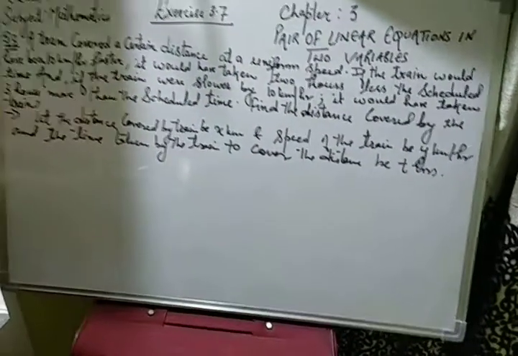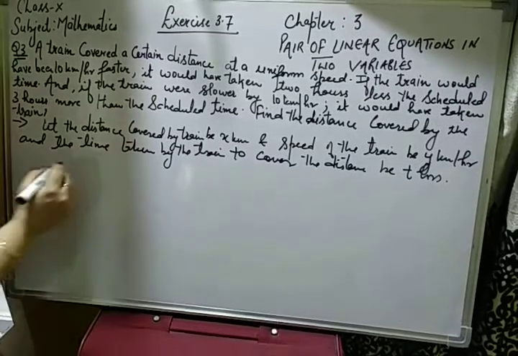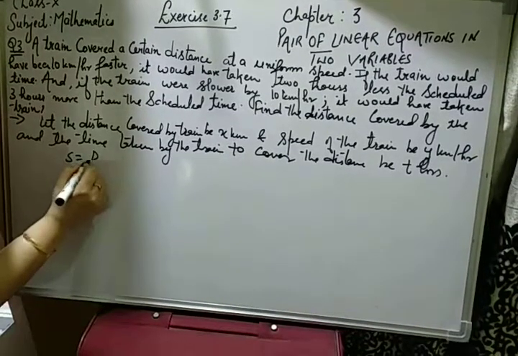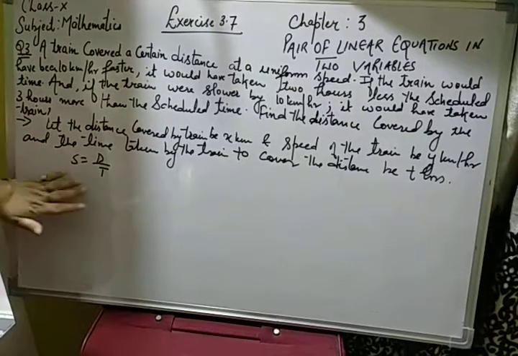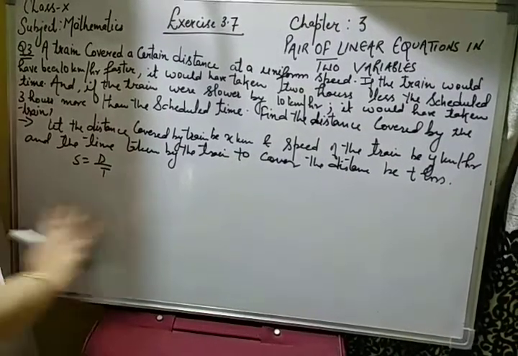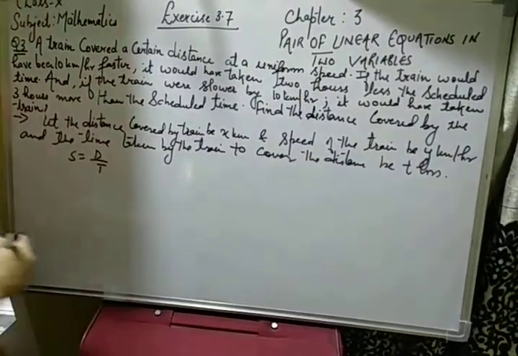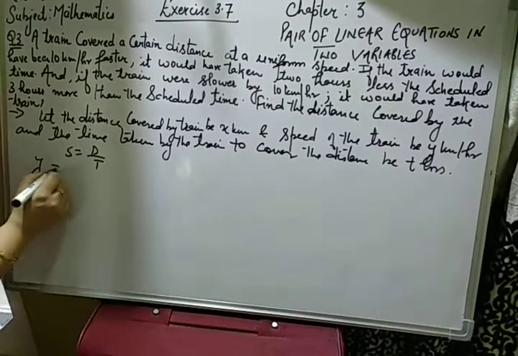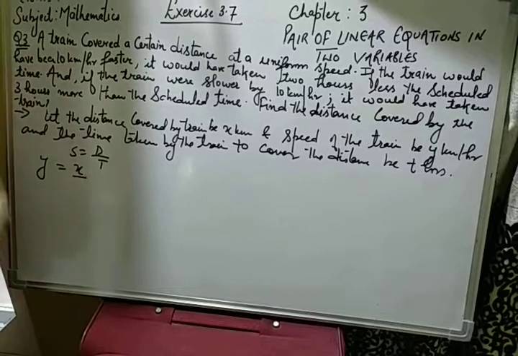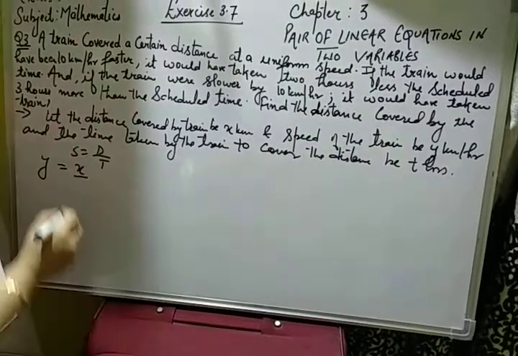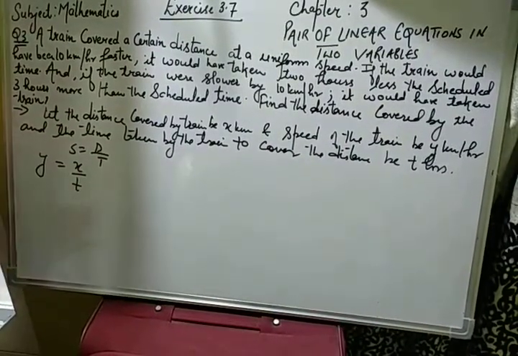Now we know that speed is equal to distance upon time. So what is our speed? We have supposed y kilometers per hour. So y is equal to x upon t. That's what we have supposed here.